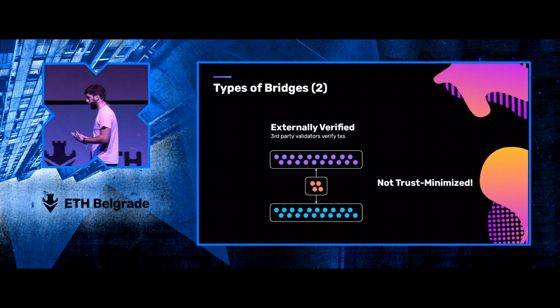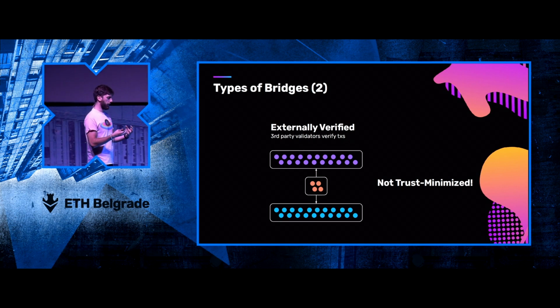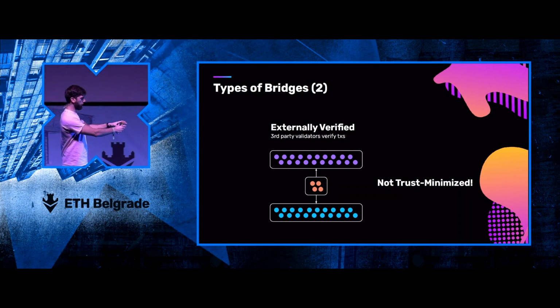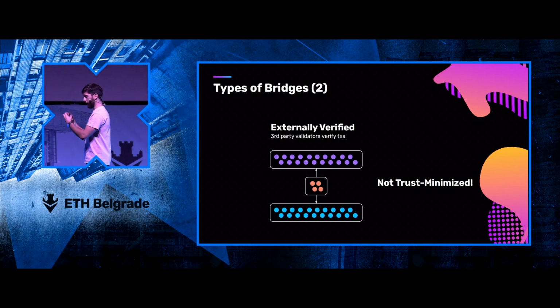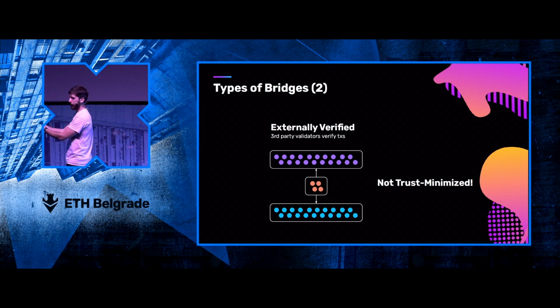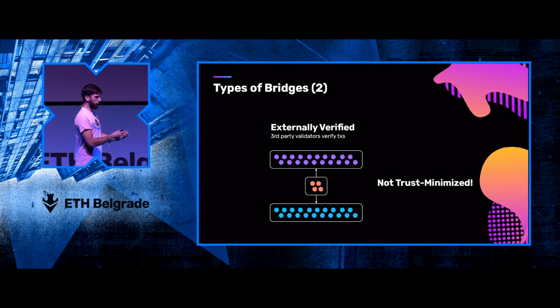So other projects have started saying, okay, let's create an external entity that is in charge of validating what happens on one chain, and then can let something happen on chain B. This is the case for multi-sig bridges, for example. This is the case for a set of external validators. This is the case of bridges that are powered by oracles. What's the issue? In this case, you're creating a third party that becomes in charge of validating these cross-chain transactions.